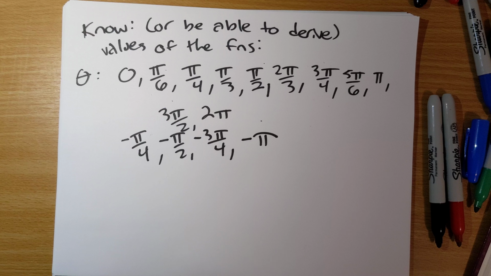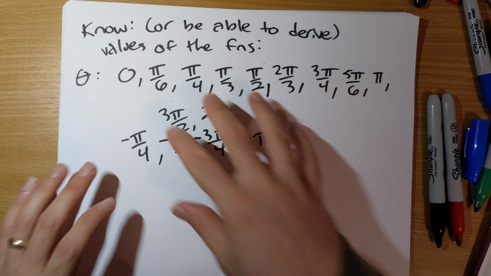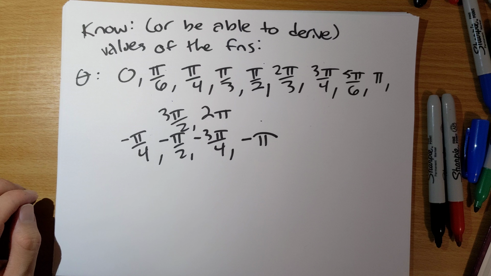So there's lots of things going on here. These are just things that you should know or be able to quickly derive, the trig function values. If this is rusty for you, this is something for you to practice or talk to me.